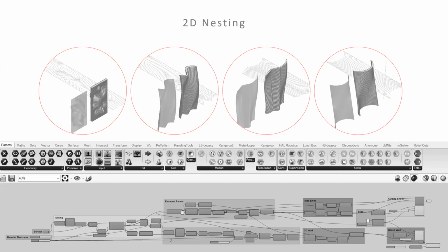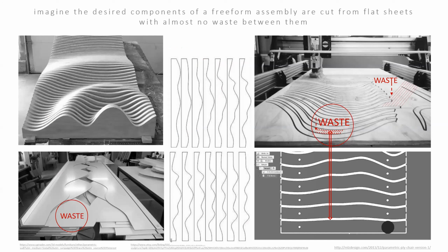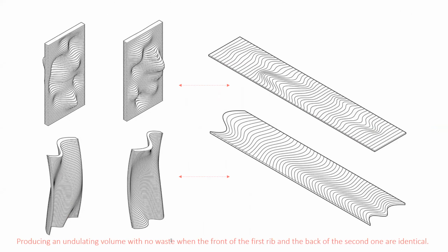2D nesting, you have heard that word. It's a very common process in fabrication, how you nest items next to each other to minimize waste. But when we are talking about nesting here, it's not that much. It's more about how the front of the second layer is the back of the first layer.